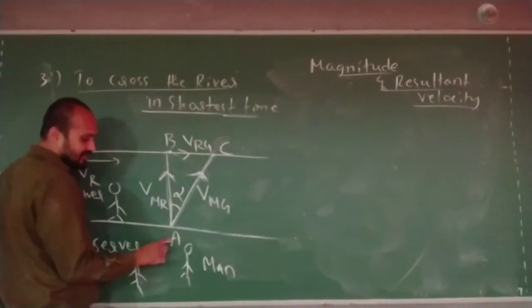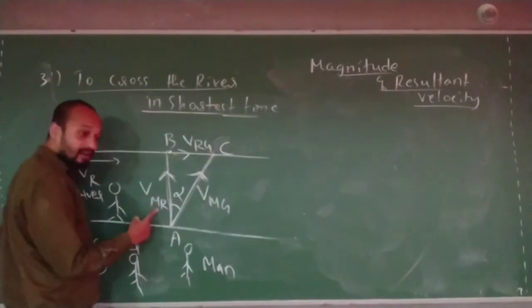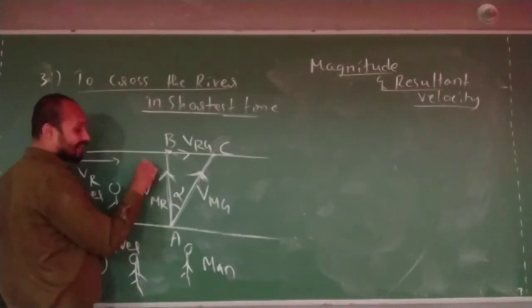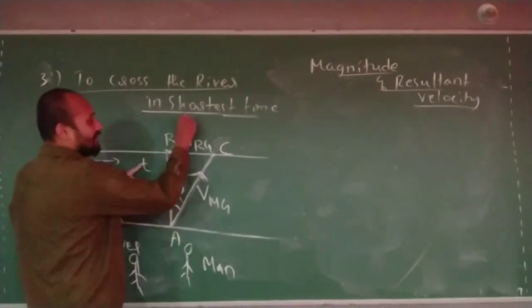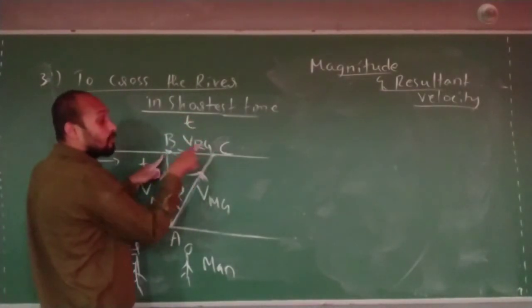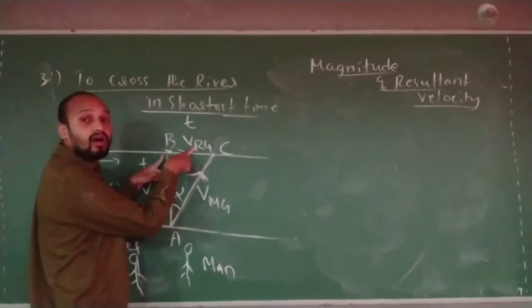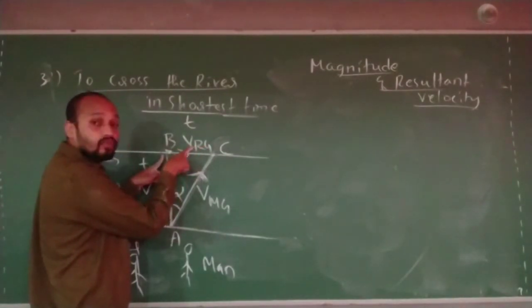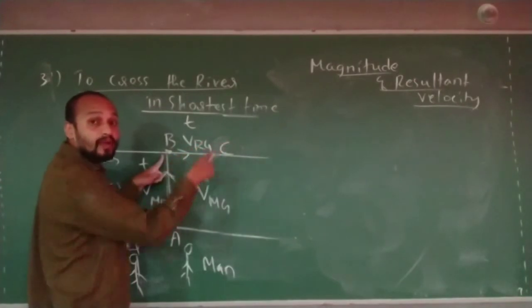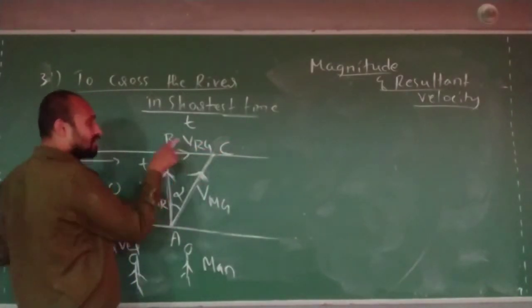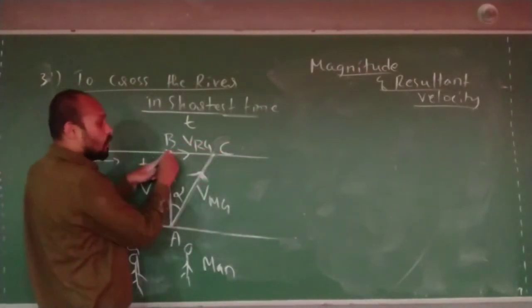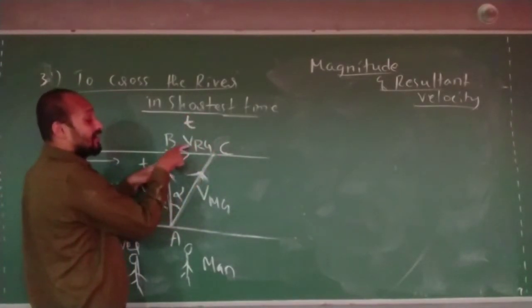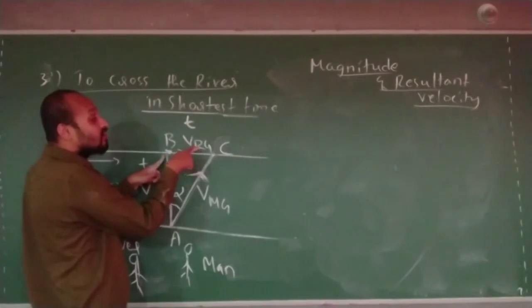If this person travels with Vmr velocity to cover distance from point A to B in time T, in the same time T he will cover distance B to C if he is moving with the velocity of river with respect to ground, Vrg.